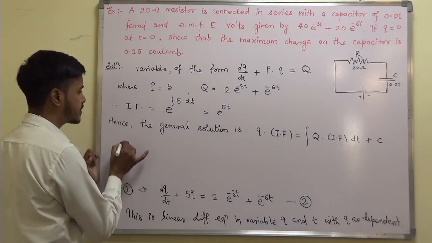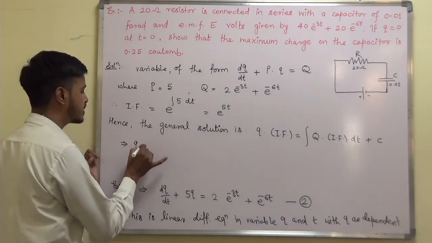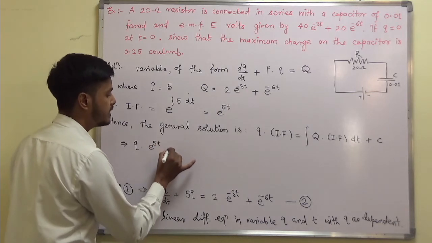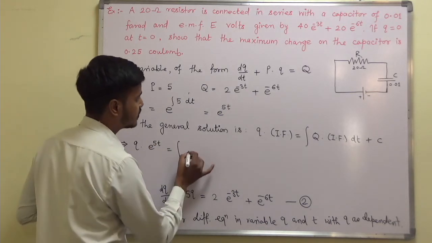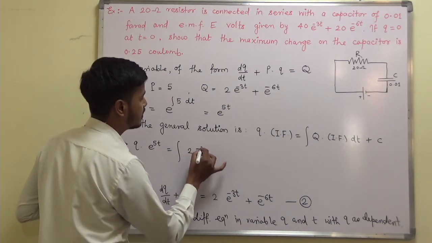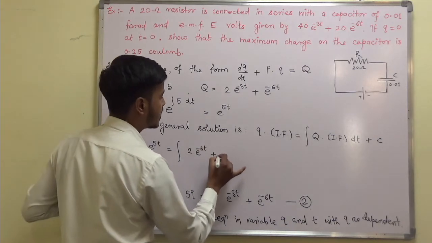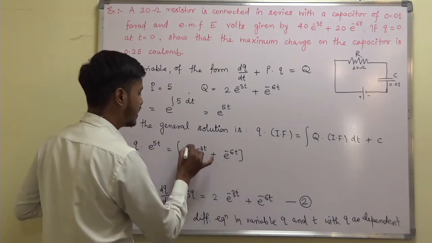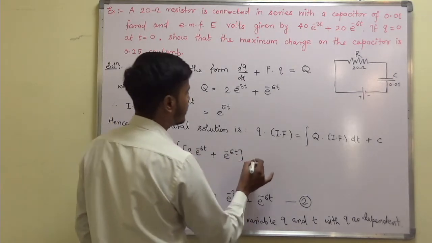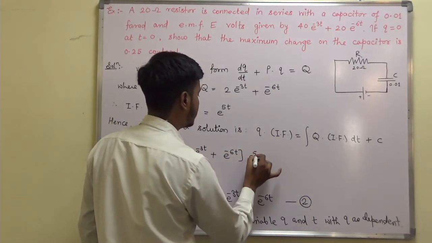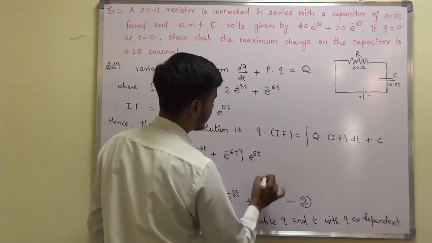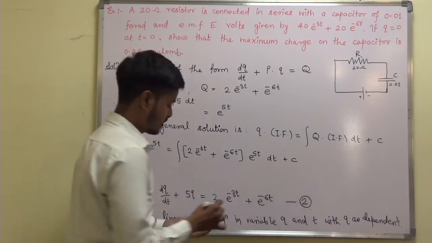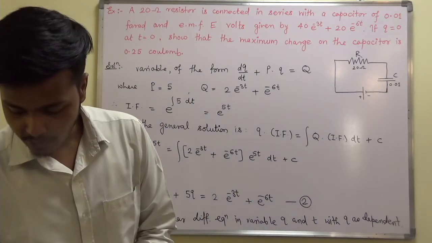So you can just substitute all these values over here. So this is q into integrating factor e to the power 5t, equal to the integration of 2e to the power minus 3t plus e to the power minus 60, into the integrating factor e to the power 5t, dt plus c. So you can just solve all these things.